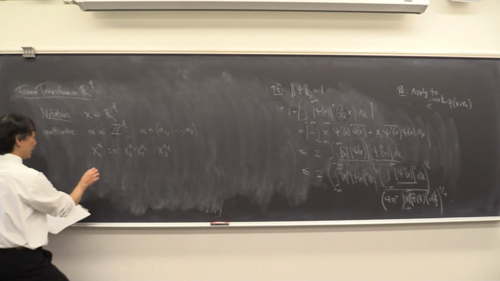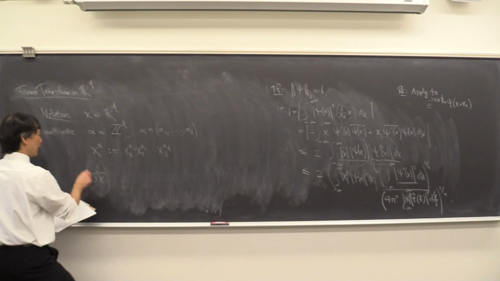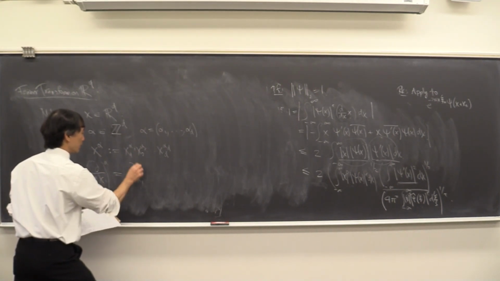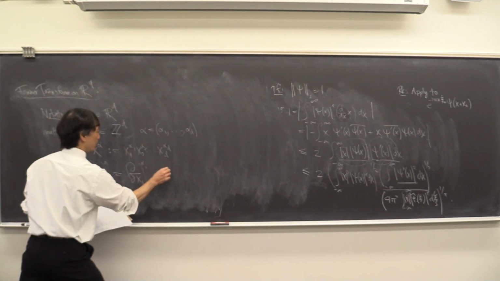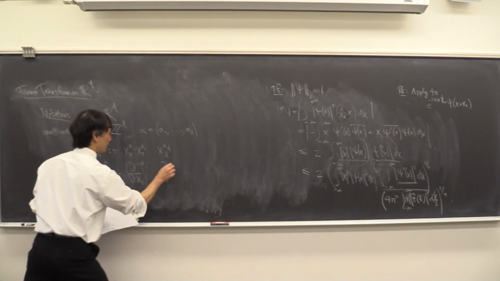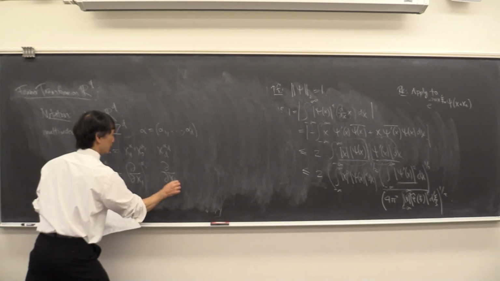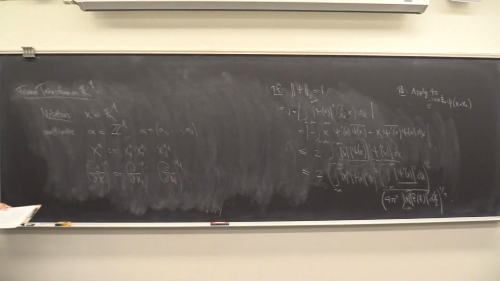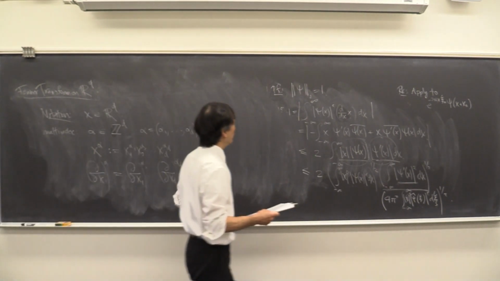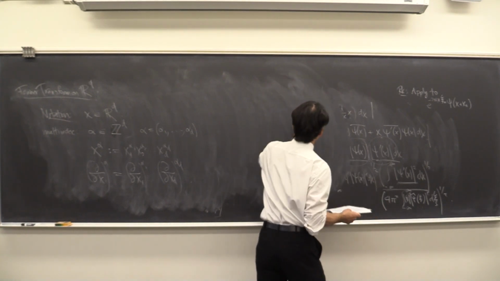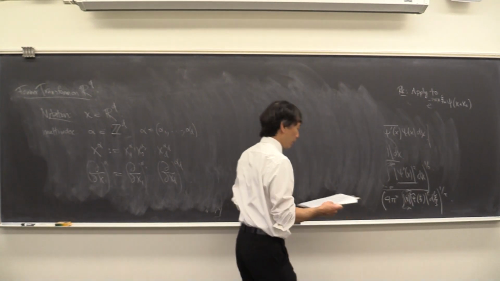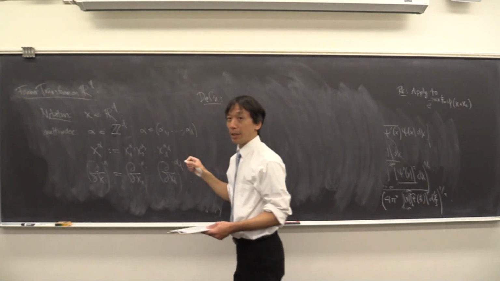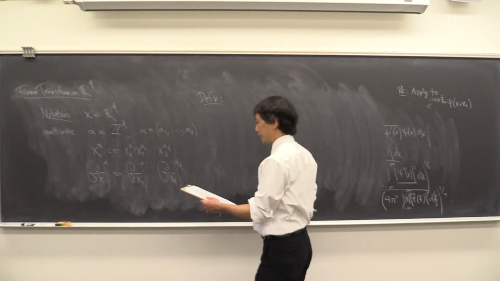And when we write d/dx to the alpha, that is, as you can guess, d/dx1 to the alpha 1 up to d/dxd to the alpha d. We're in R^d, d-dimensional space.